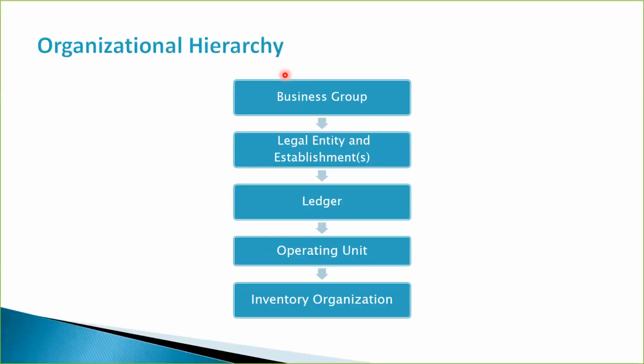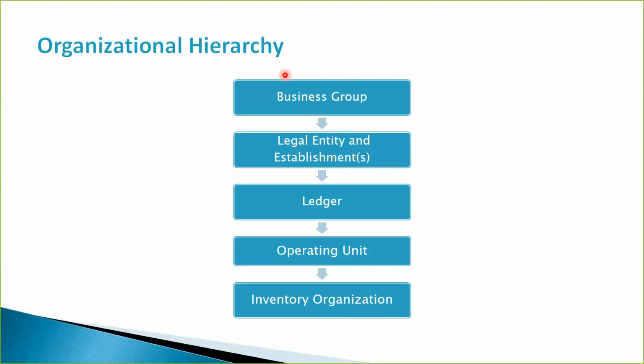In our previous lesson, we talked about the various system entities or organizations that Oracle has created in the suite of applications, and how these entities help businesses of various nature to represent themselves in the ERP system and to reflect how they are actually organized in the real world.